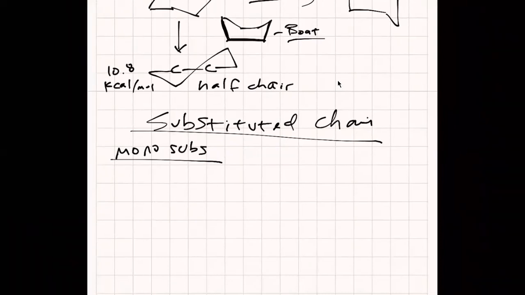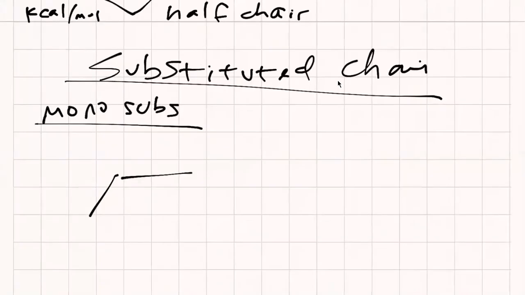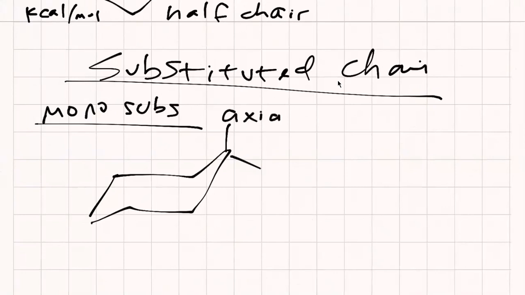Hopefully you remember that. So on your chair, you got 6 different carbons, and on each carbon, you have a position axial, which is vertical, and then equatorial, which is horizontal, right?